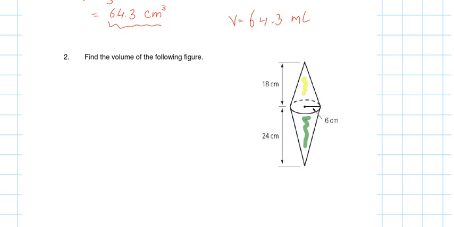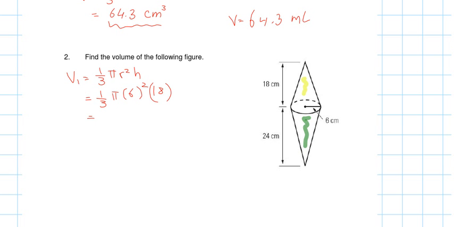So the volume of the first cone is 1/3 pi r squared h. My radius is 6 and my height is 18. I don't know where I placed my calculator.